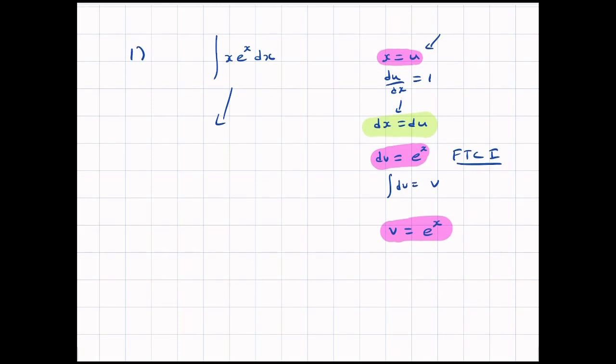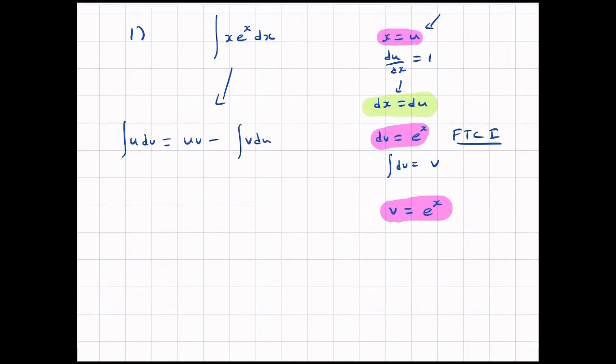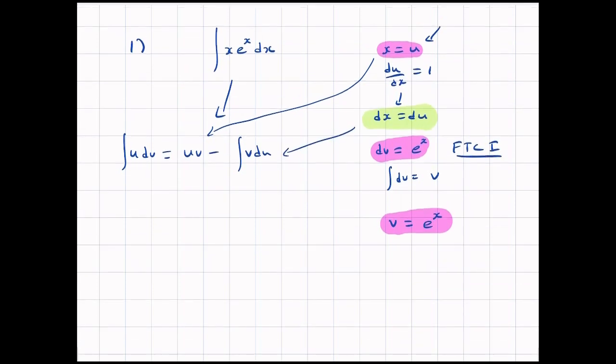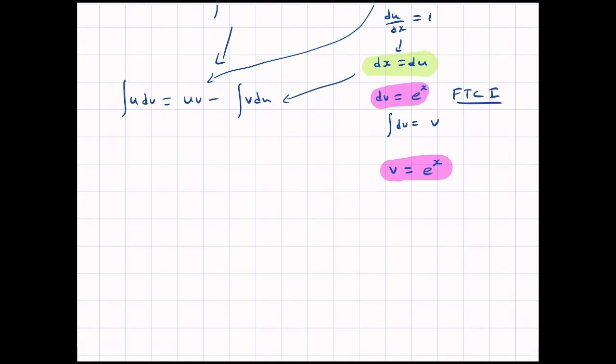Once these choices are made, I'm going to apply my formula: integral of u dv is uv minus integral of v du. I like to write this out every time so that I can very clearly know where I'm going to put each thing. I've been doing this for many years, and I still like to write it out. It's one less thing to remember.